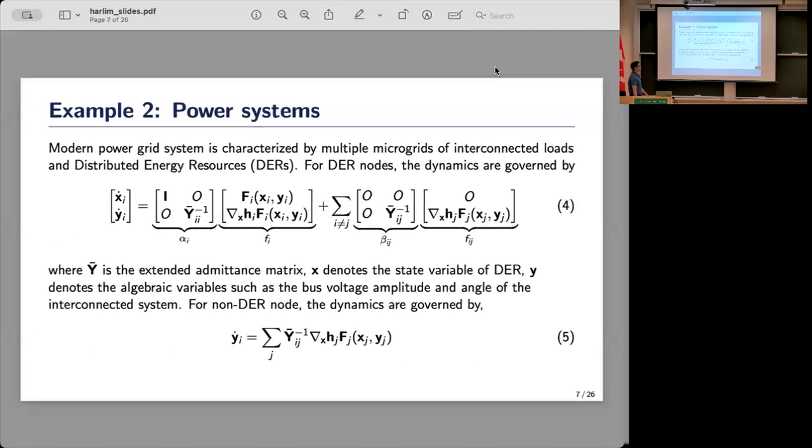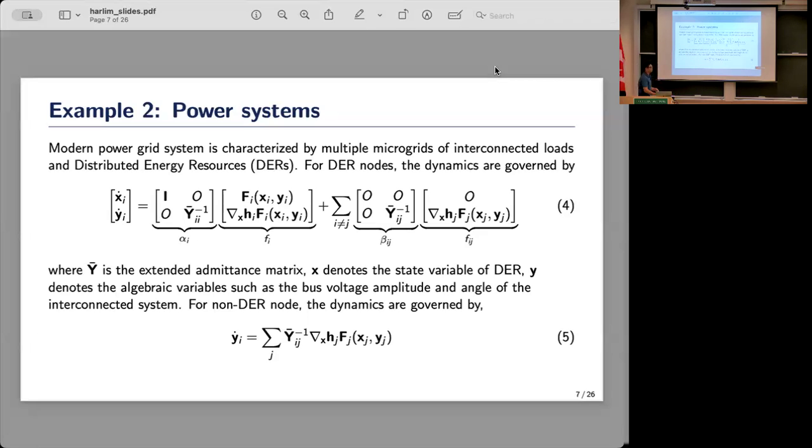Now here's another example. What I learned from my colleague is that a modern power grid system usually is characterized by microgrids of interconnected loads and distributed energy resources. They call them DERs here. On each of these nodes, effectively they are DAEs, differential algebraic equations. But you can rewrite them, okay? We rewrite the algebraic constraint to be an ODE, so that's why you have the gradient here, right?